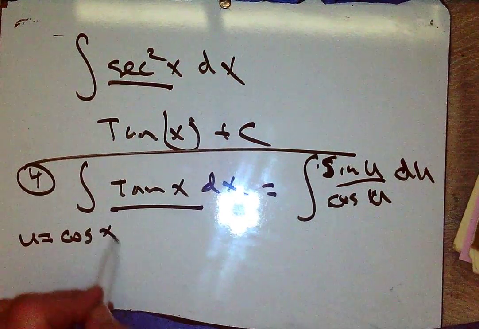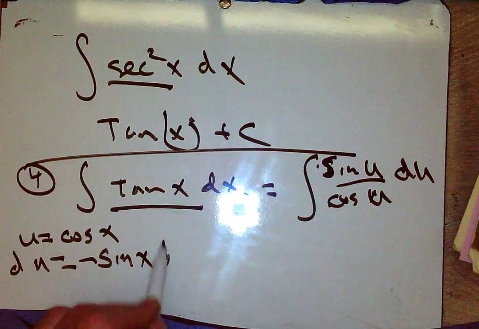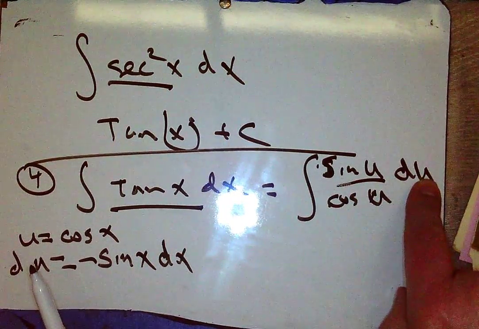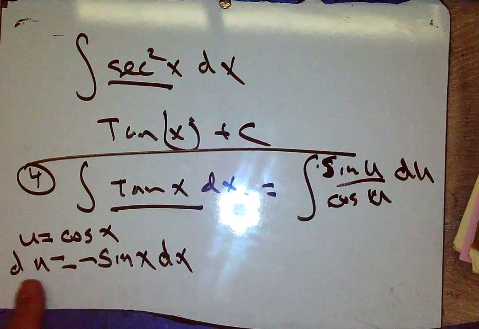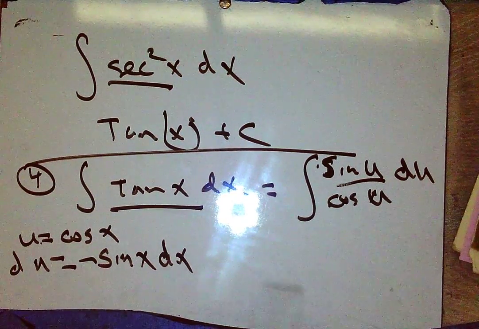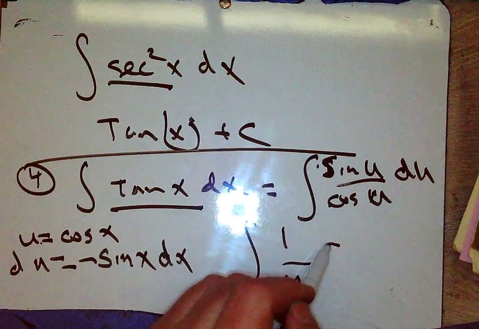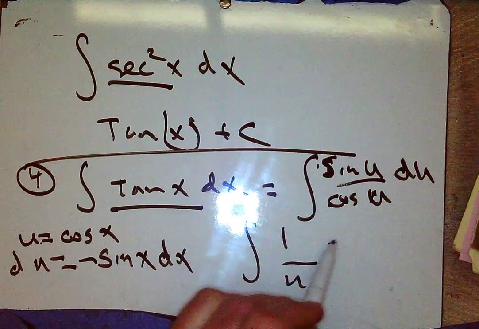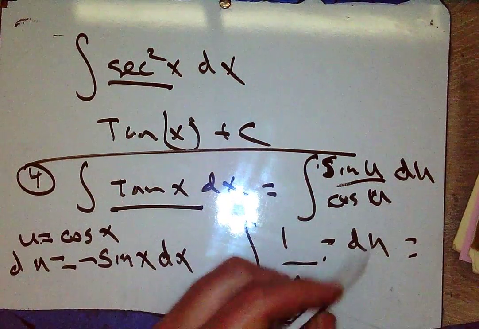So if u equals cosine of x, du is negative sine x dx. And since we have a sine dx, we can replace all of that with negative du. And the stuff on the bottom is u. So 1 over u times negative du.